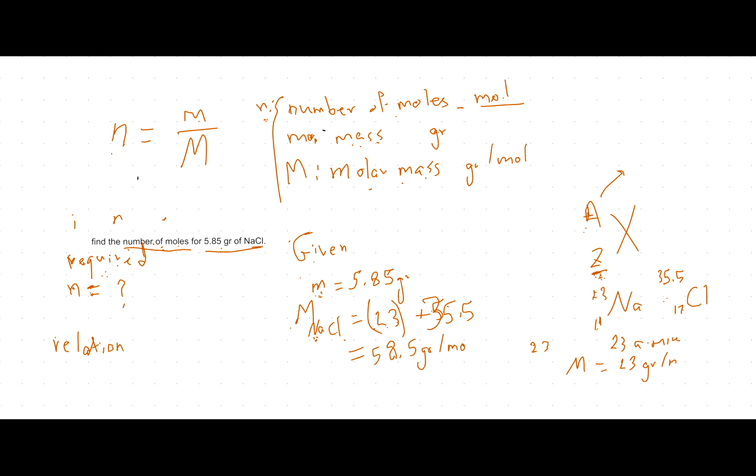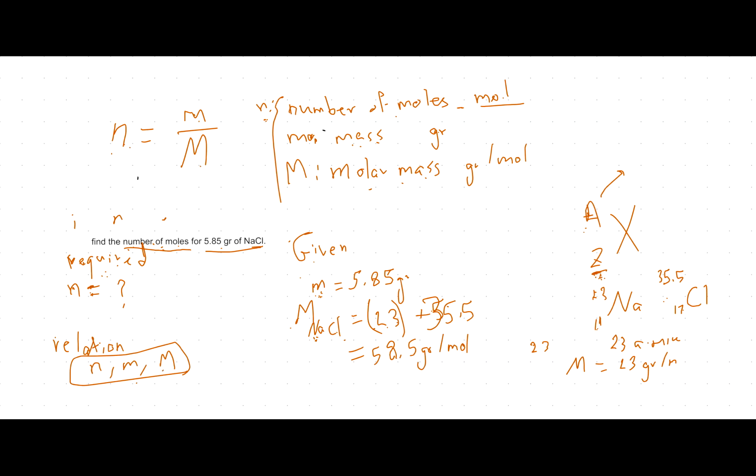And then it will be easy. I will look at which relation I have. They taught me a relation that contains n, contains m, and contains molar mass. I have these three inside it. So I know that this relation is n equals m over M. Okay? Do you understand or not?